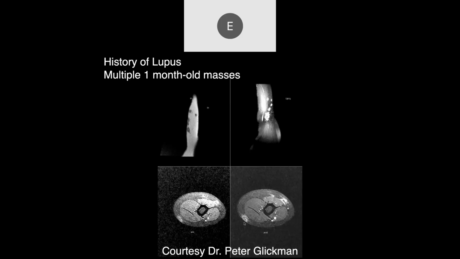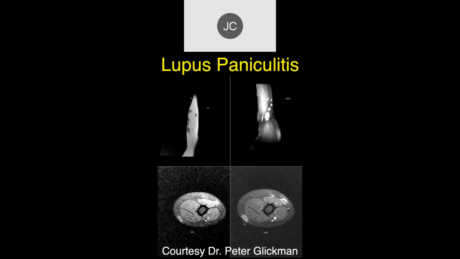Well, they're dark in the center and they have this rim of bright signal. So this is lupus panniculitis. It's an autoimmune inflammatory process within the fat called lupus panniculitis, and that's what it looks like on an MR examination.